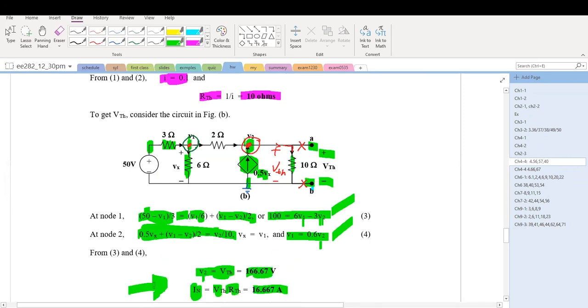So for the short terminal current in Norton's theorem, that will be IN. The short terminal current for Norton's theorem equals VTH divided by RTH.